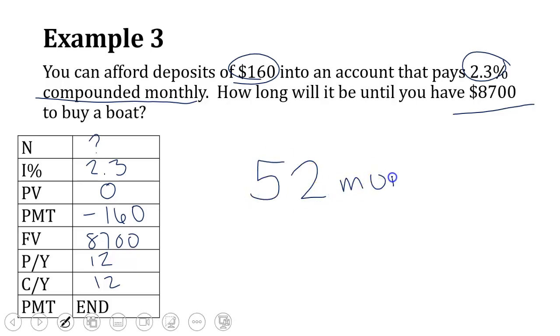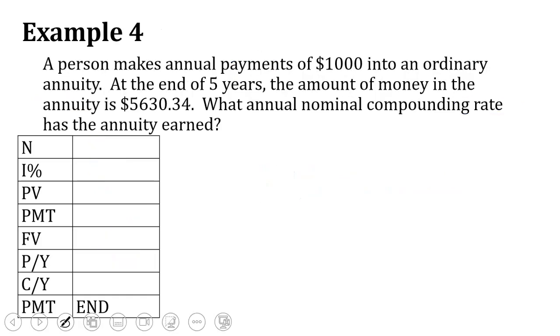Your answer will be 52 months, because you're not going to figure out what that decimal is. Is it 1.5 weeks? So you'll just do a full extra payment and then do 52 months.